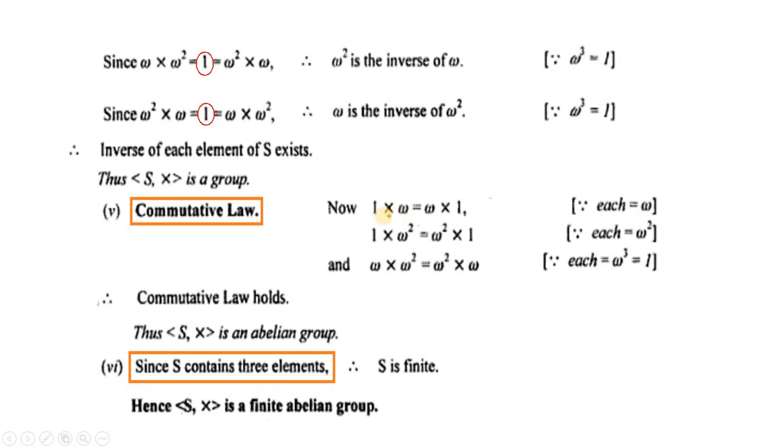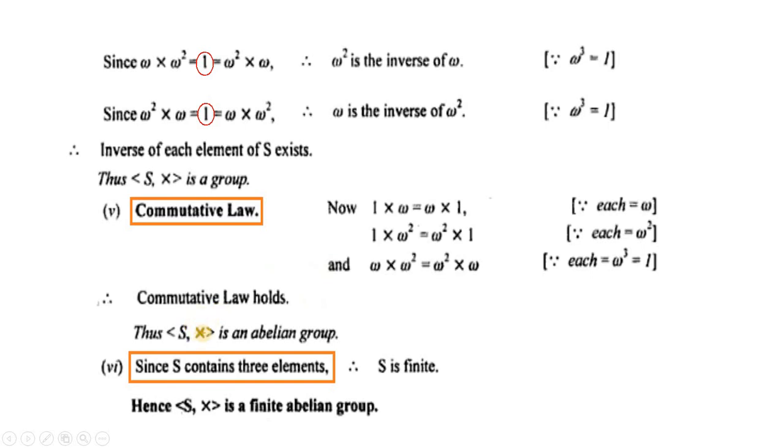Here the product of both the elements in both the cases is equal to omega. Similarly, these are two other elements which satisfy the commutative property, and here the product is equal to omega square. Here these are other two elements, and this product is equal to this product, and both the products are equal to omega cube, which is equal to 1. So these three represent the commutative property of multiplication, that is, the commutative law holds.